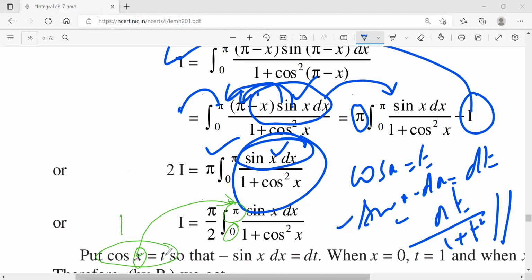Cos pi is minus 1. So it varies from 1 to minus 1. Sin pi is 0. So it varies from 1 to minus 1 respectively. So that is the most important learning in this.